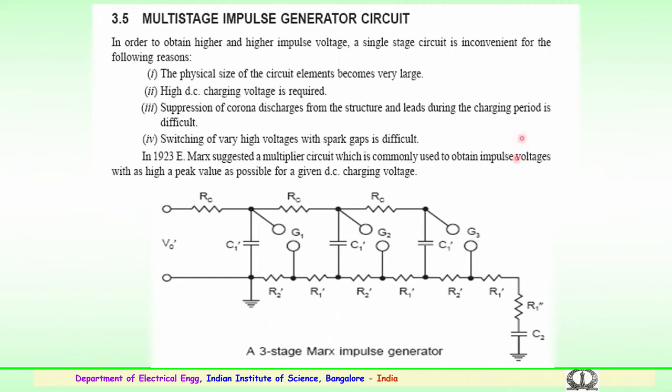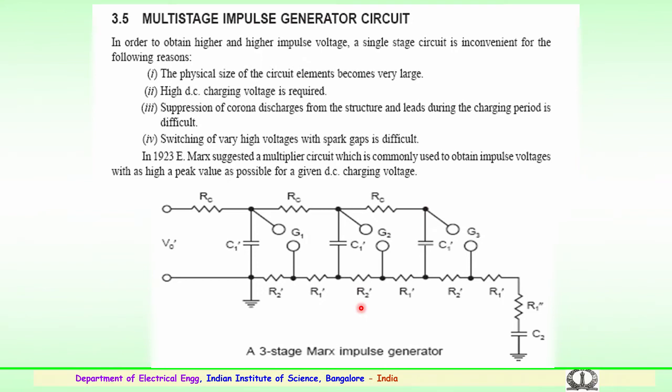Earlier, a single stage circuit was inconvenient because the physical size of circuit elements becomes very large, a high DC charging voltage is required, the suppression of corona discharges from the structure and leads during the charging period is very difficult, and switching very high voltages with spark gaps is equally difficult in a single stage impulse generator.